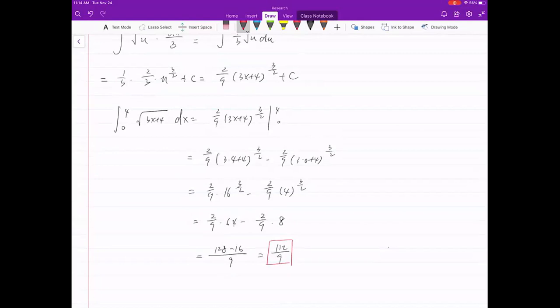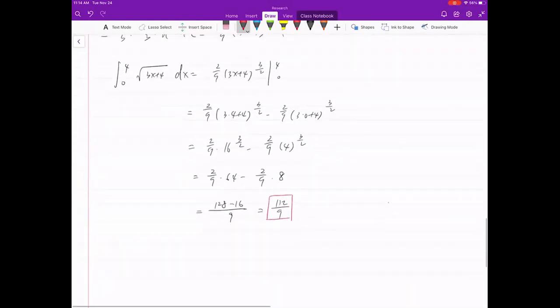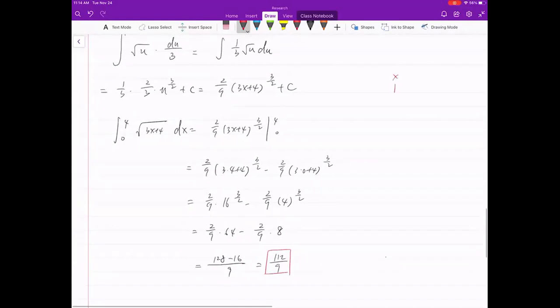Okay, that's how we do the u-sub. First, get the antiderivative, change everything back to x, and then finally plug in a number. So if we write down the process, it's going to be starting from x, change everything to be u, finish, change everything back to x, use the ending points 4, 0.